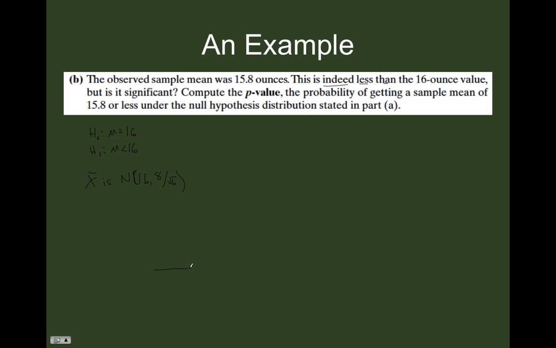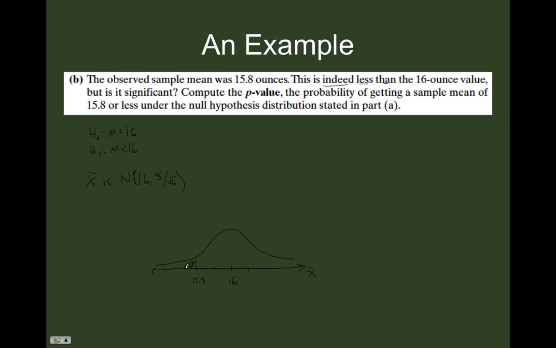So as I think about calculating this p-value, I'm thinking about x bar's distribution centered on 16. I like to draw these graphs. I'm not going to scale it carefully this time, but I do want to point out that 15.8 is to the left of 16.